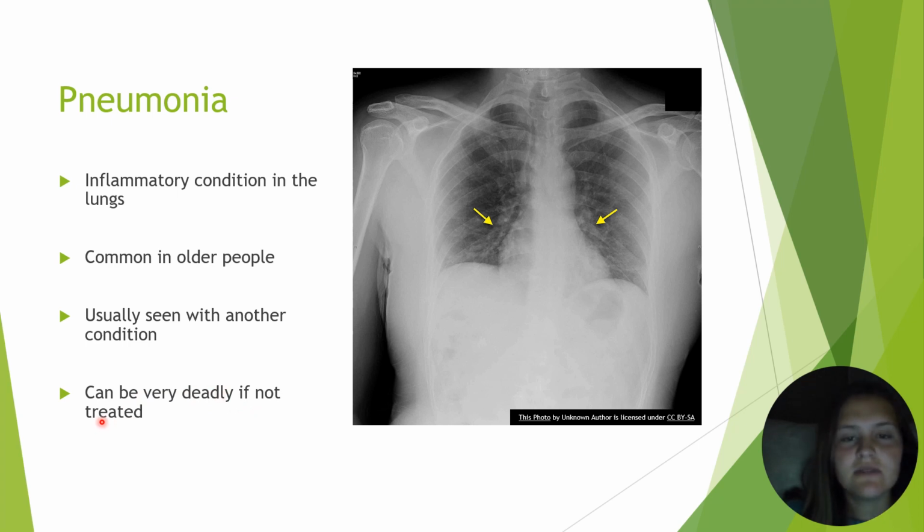Some symptoms you can see, especially in elderly people, is confusion. You can see thick colored sputum, yellow sputum. You see coughing. You get flu-like symptoms like a fever, and you can run a big temperature with it.